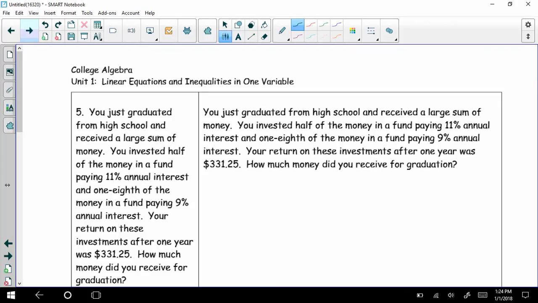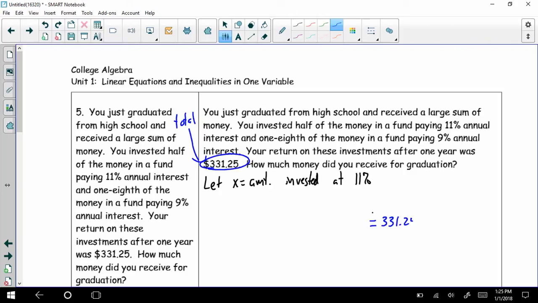So same type of setup. We have two percentages, 11%, 9%. Doesn't matter which one you pick as X. I always go with my first one. So say let X equal amount invested at 11%. I have a total. That's going to go to the right-hand side of my equation: 331.25.